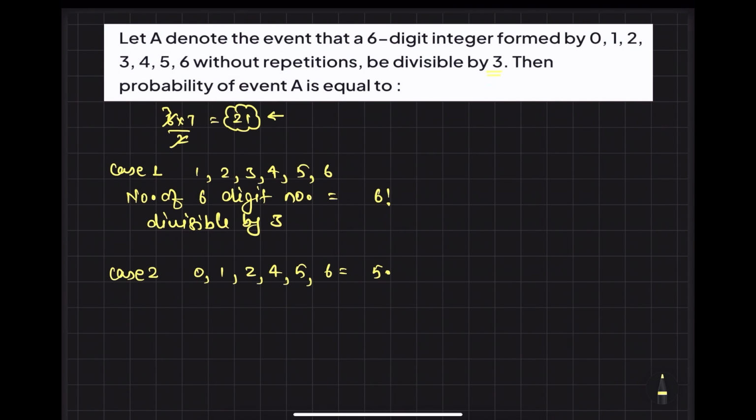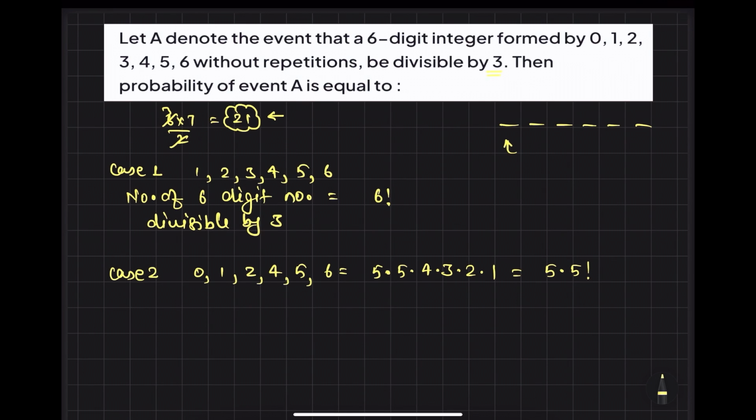Now in the next place you have 1, 2, 3, 4, 5, 6, so at this place you cannot use 0, so you have 5 choices. Suppose that you have used 6. So for the next place you have 5 choices: 5, 4, 3, 2 and 1. So I can say that it is 5 times 5 factorial.